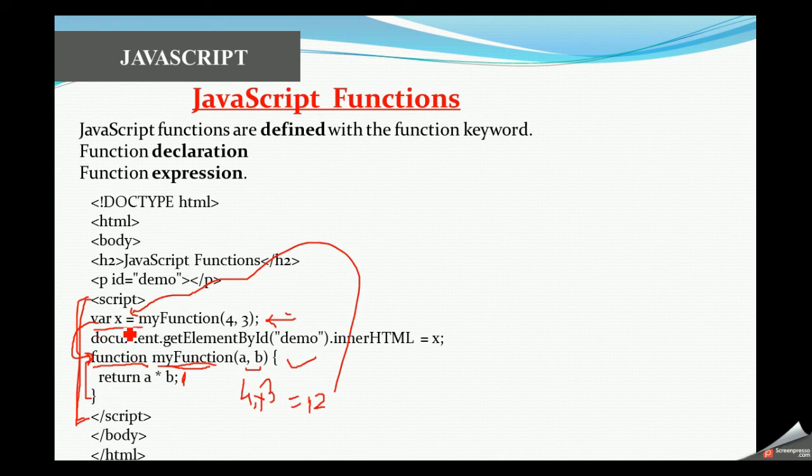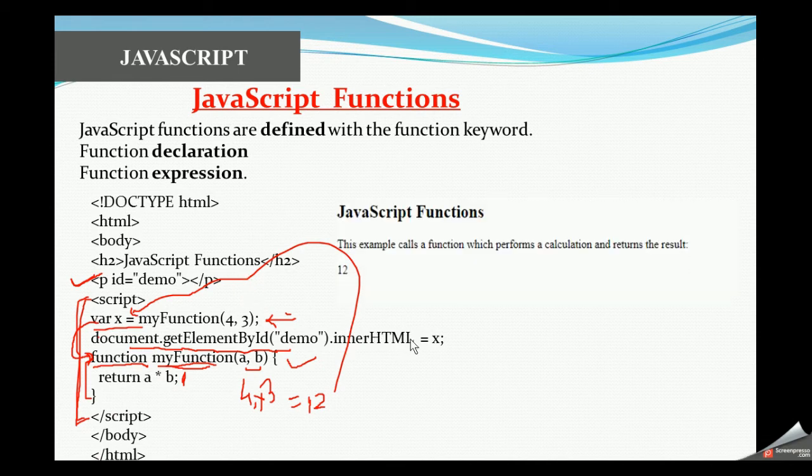Now where do you want to get this output? This x is output using document.getElementById, with id demo, and this demo is specific to this paragraph, because the id is created as unique. So document.getElementById("demo").innerHTML, which means the HTML content you want to apply it to, is equal to x.